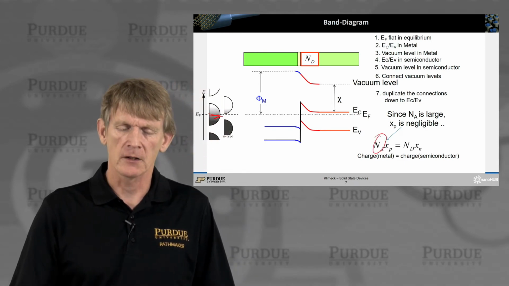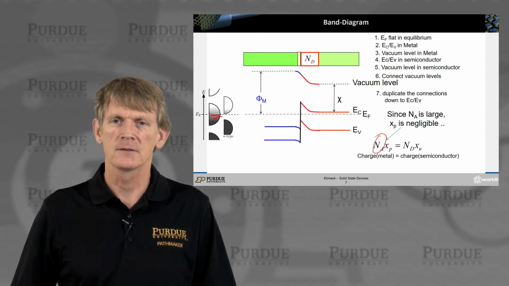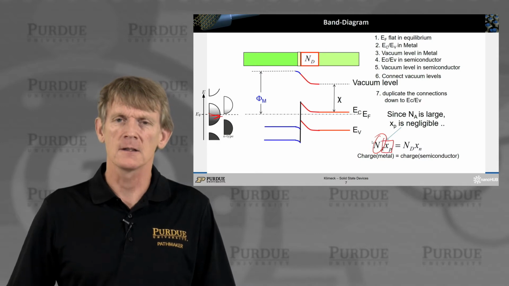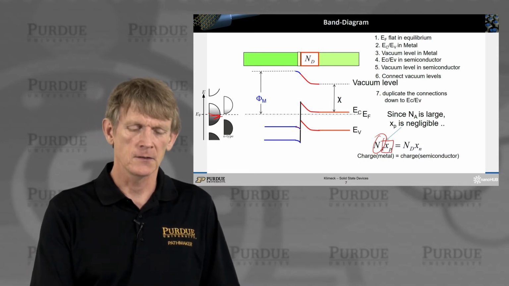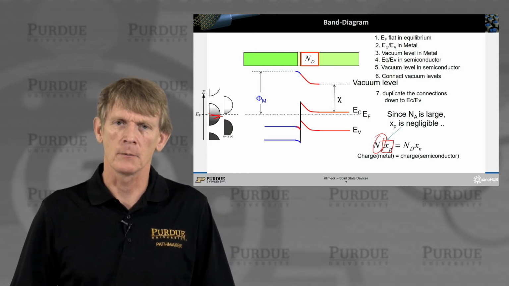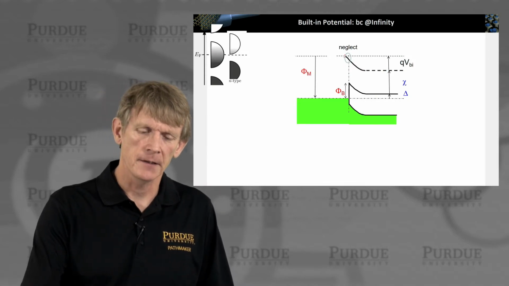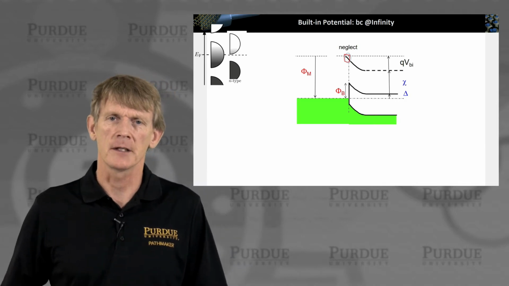Therefore, the number of equivalent donors or available electron states is vastly larger. So therefore, this X_P here is going to be significantly smaller, and that's why the band bending that is seen here is mostly happening in the semiconductor, not in the metal. All right, so we do neglect the band bending pretty much here in the metal, and we'll justify that in a minute.